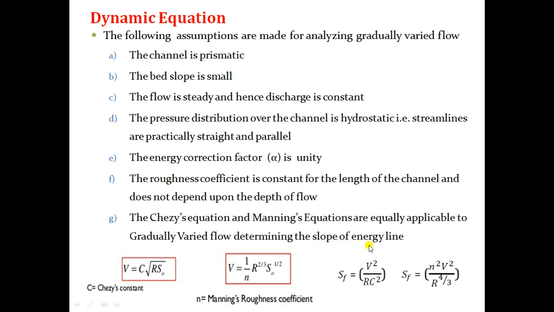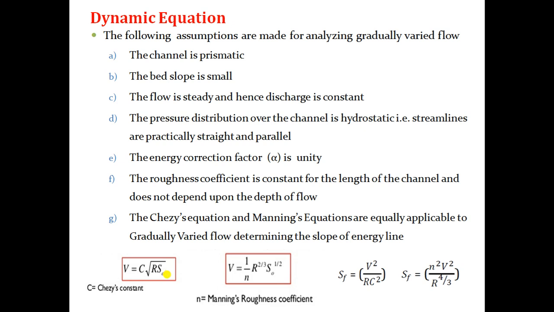line. Now, Chezy's equation is V equals C under root R S naught, where V is the mean velocity of flow, C is Chezy's constant, R is hydraulic mean radius, S naught is slope of bed of channel.